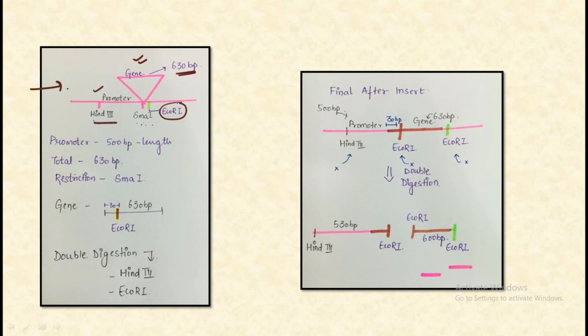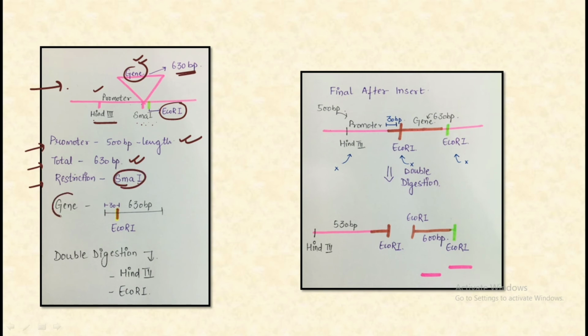These are actually the restriction sites that we have discussed. The question says that the promoter is 500 base pairs in length, then the total length of the gene is 630 base pairs. The insertion occurs at the site of SmaI.